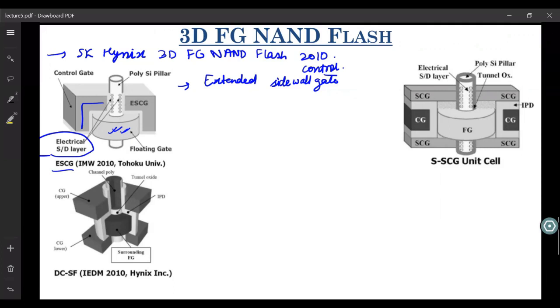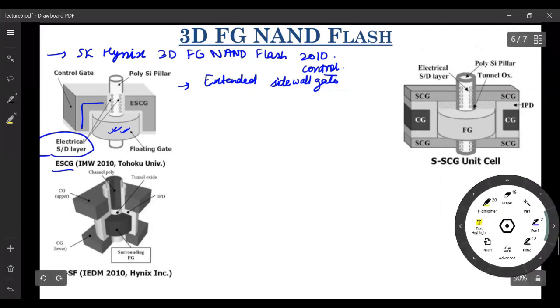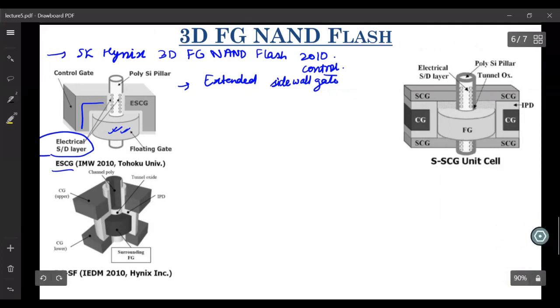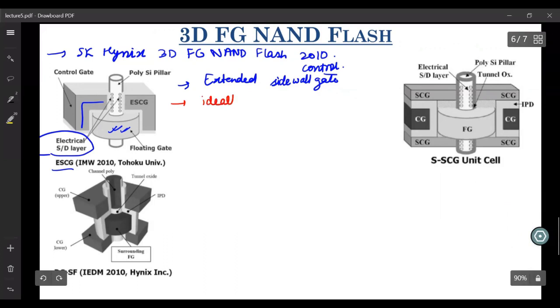So ideally, we only require coupling between floating gate and control gate.